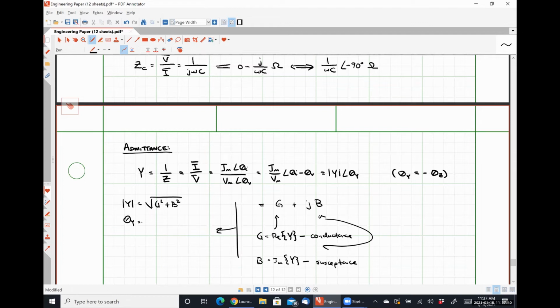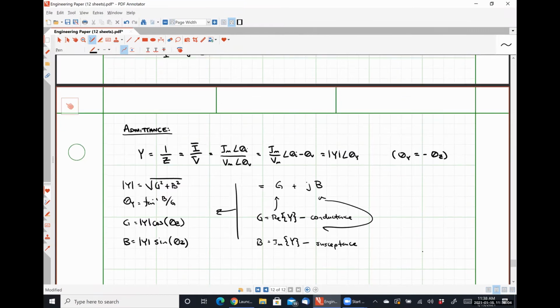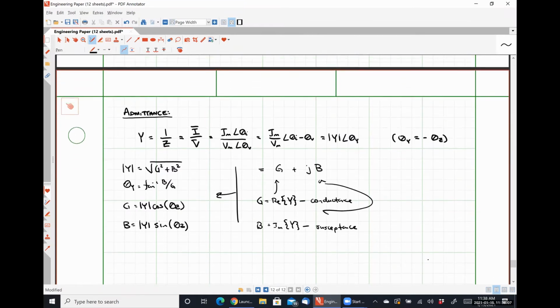The phase angle theta Y is the inverse tangent of B over G. G is the magnitude of Y cosine theta Y, and B is the magnitude of Y sine theta Y. One thing that I want to point out is that conductance here in AC circuits is not the same as conductance in DC circuits, right?